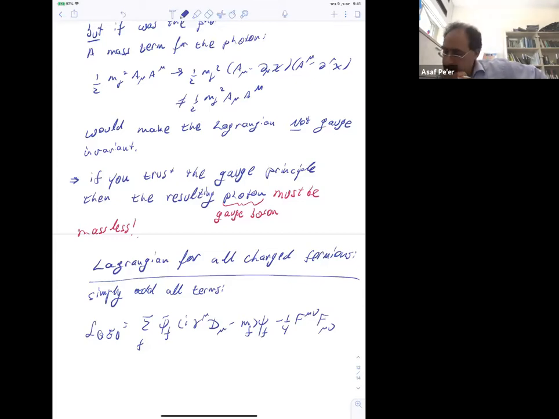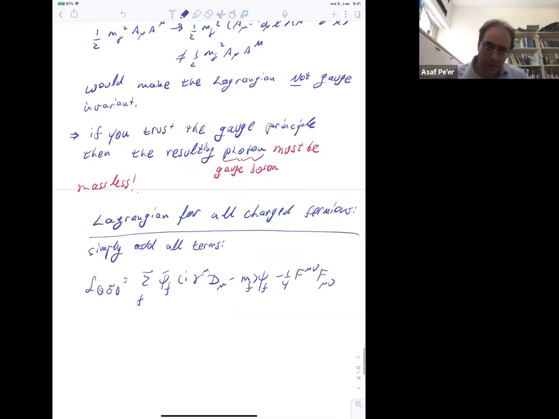And D_mu, the capital D, the covariant derivative, has the coupling constant entering in the second term, but we have to be careful because we have to multiply it by the charge of the relevant fermion.